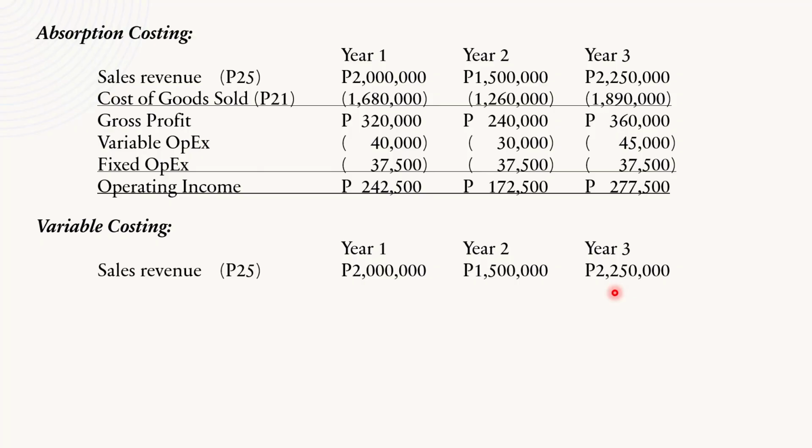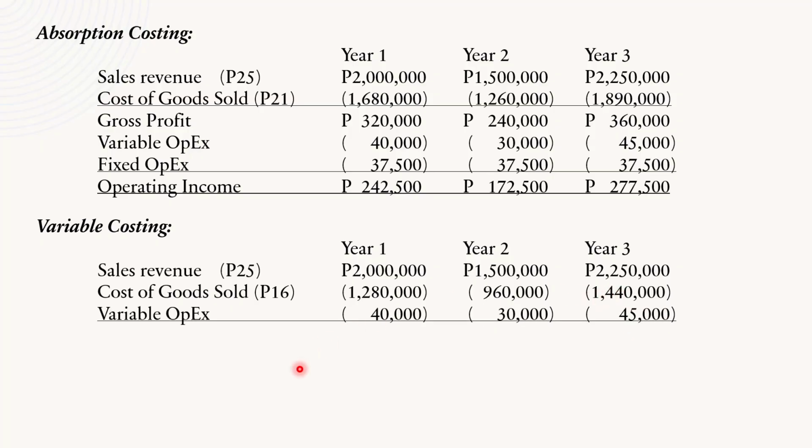The line item for deduction would be your variable manufacturing cost, aka cost of goods sold, 16 per unit. 16 times 80K, 1,280K. 16 times 60K, 960K. And 16 times 90K, 1,440K.